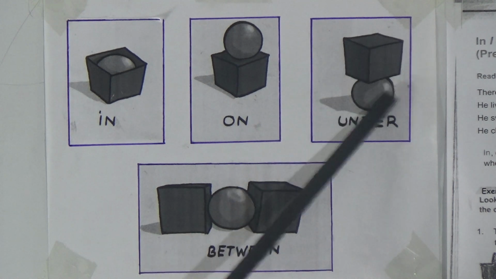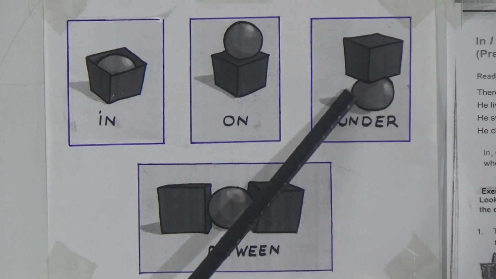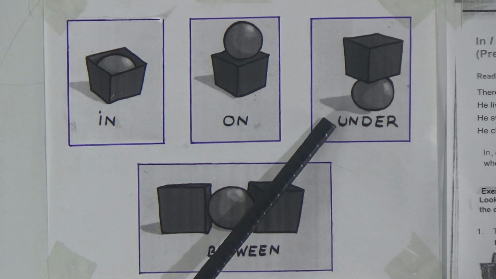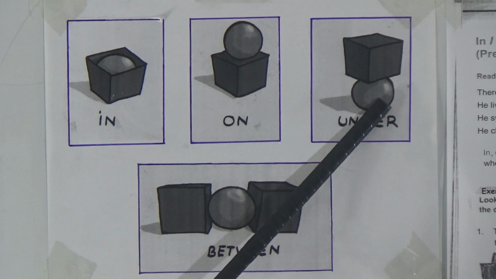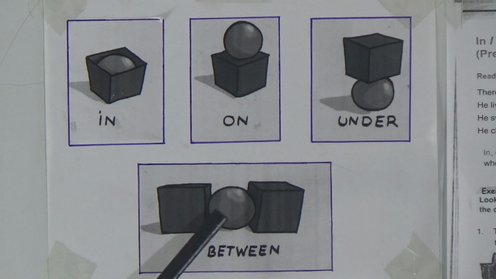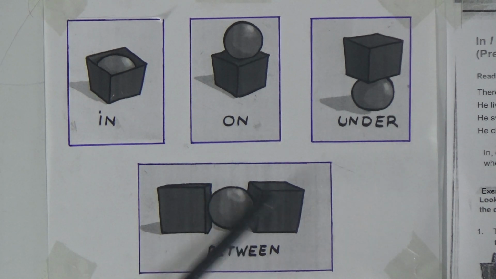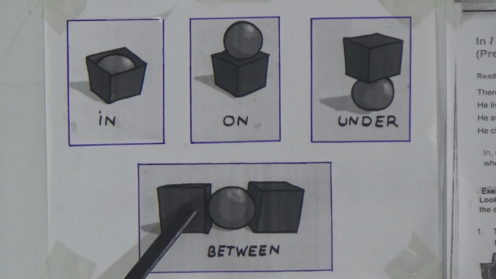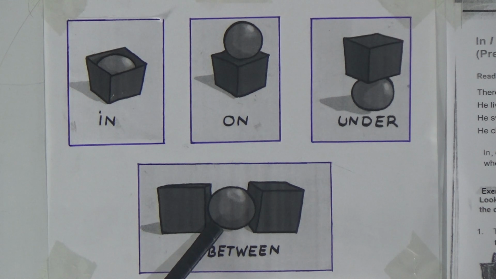If you find the ball in this position, what will you use? We will use under. The ball is under the box. If you find someone or something in the middle of two things, we will use between. The ball is between the two boxes.